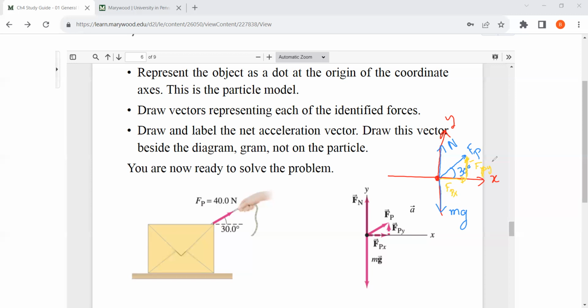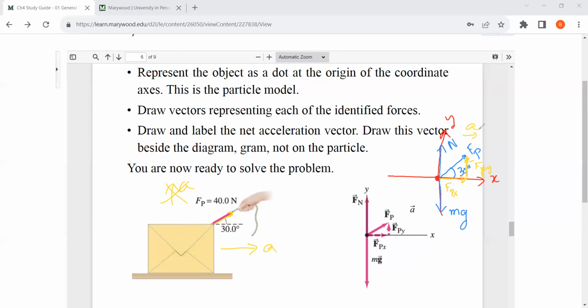And then the last thing is the direction of the acceleration. You know that when you pull this box in this direction, there will be acceleration only in this direction. There will be no acceleration in this direction, right? So we have to also draw the acceleration direction.